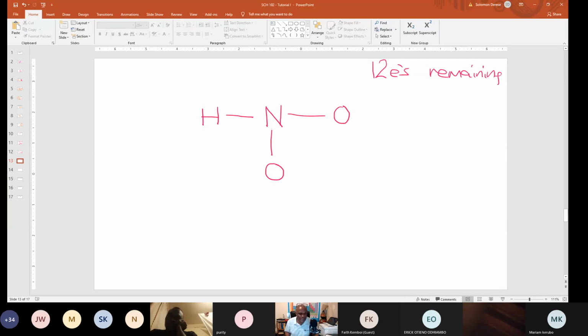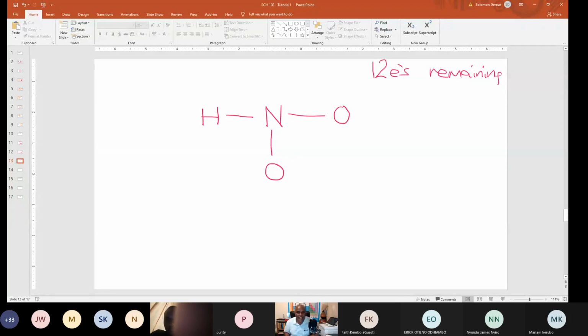Can you tell me which one is the central atom? Nitrogen. The atoms on the outside whose octet is not fulfilled are the two oxygens. So we'll use these 12 electrons to fulfill the octet of the elements on the outside, the oxygens.